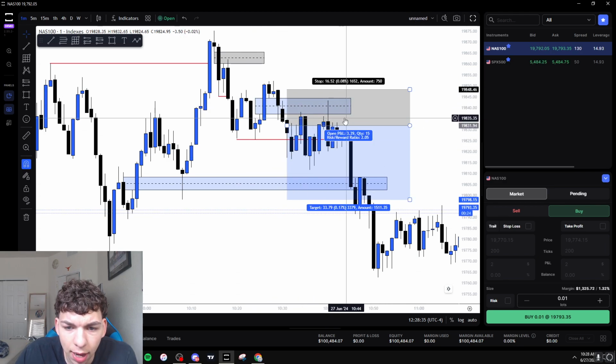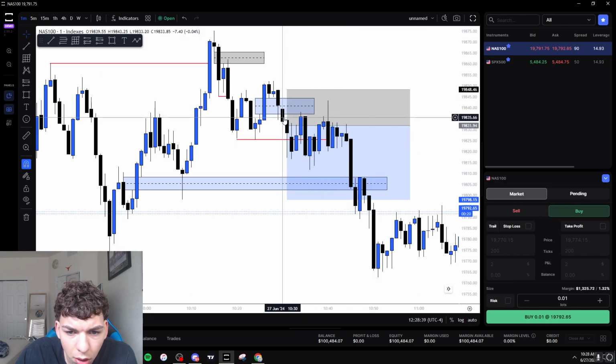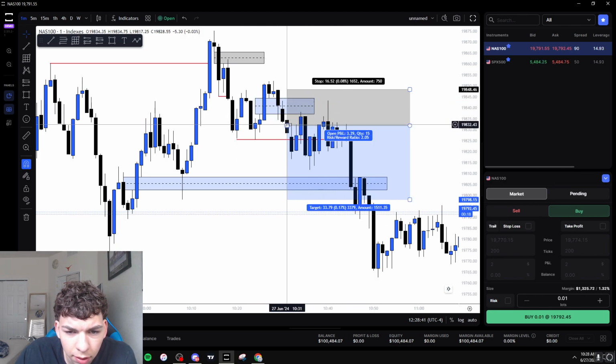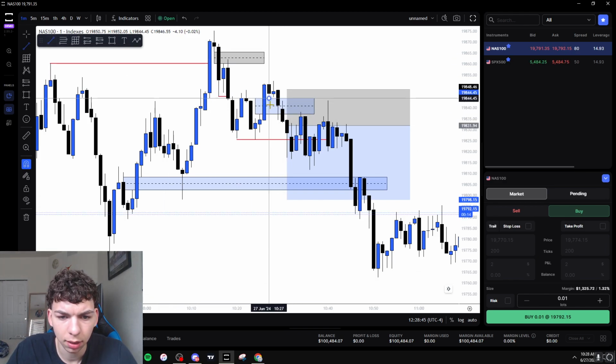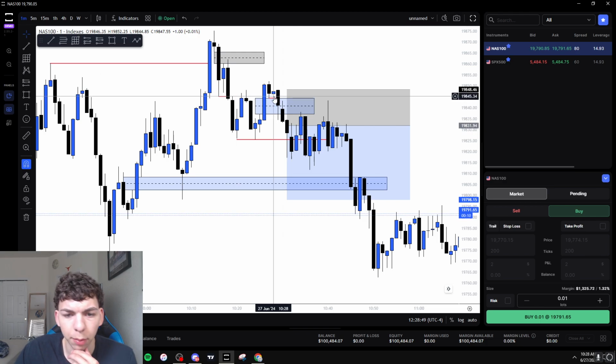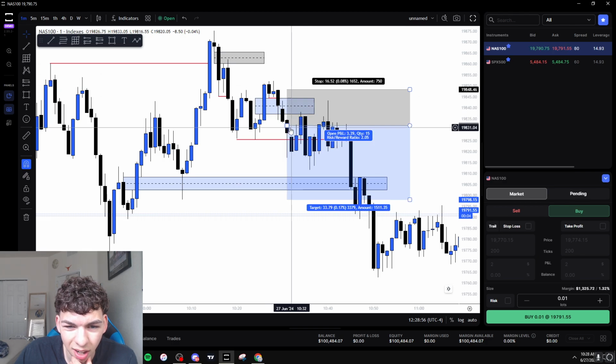And it gets invalidated as soon as a candle closes below it, right here, and we get the break of structure on the 1-minute, and we get the inverse fair value gap. Boom, it closed below, and then the other candle was starting to go down too.